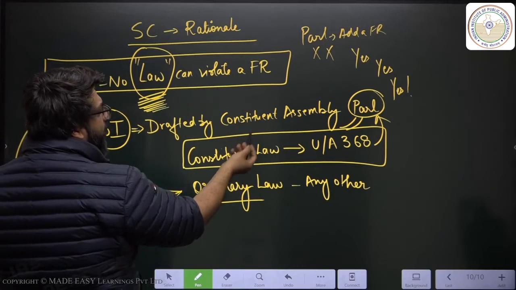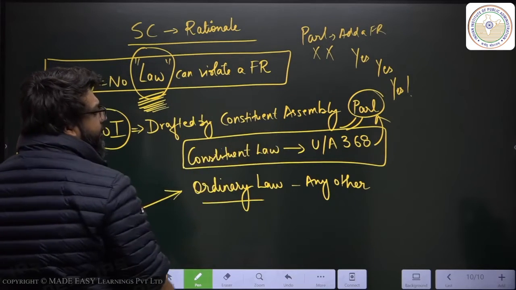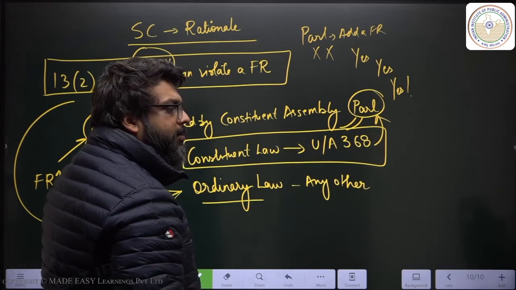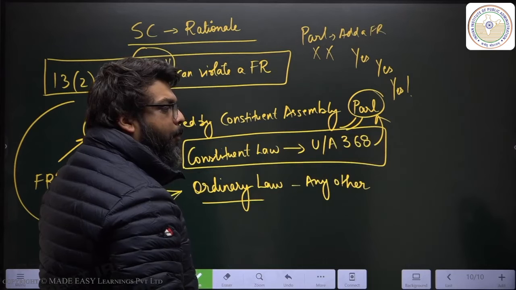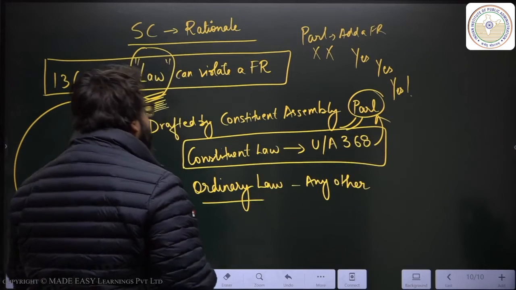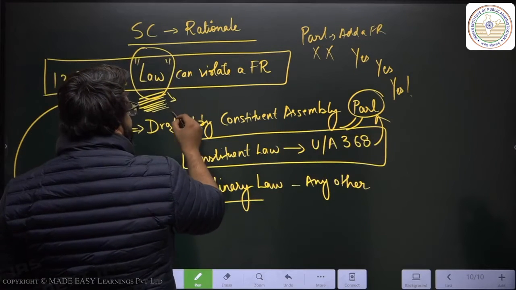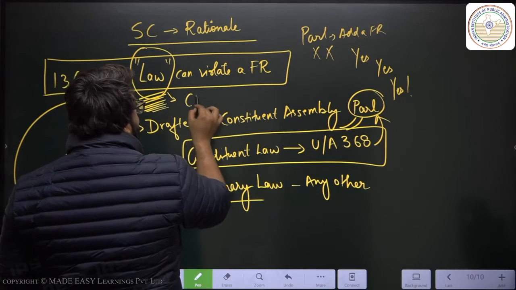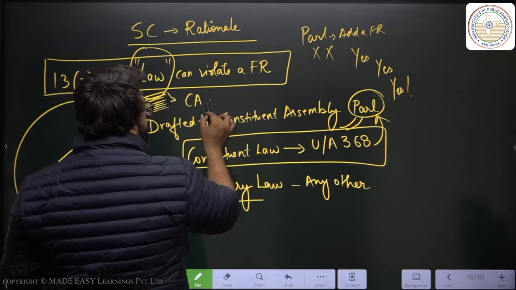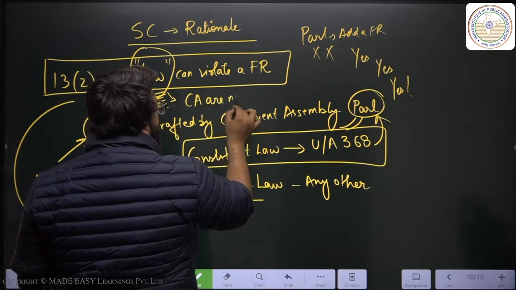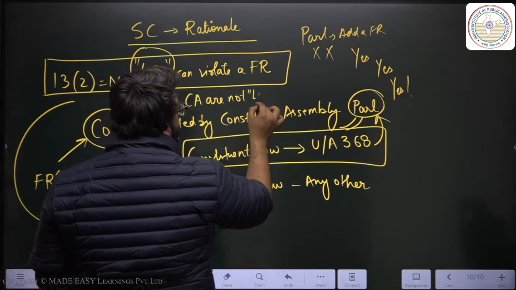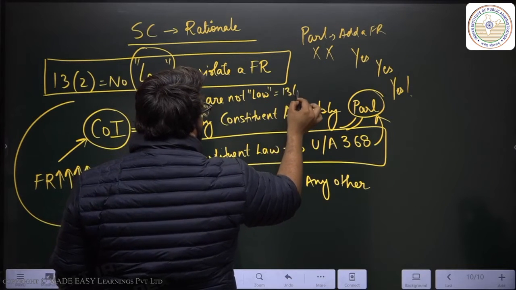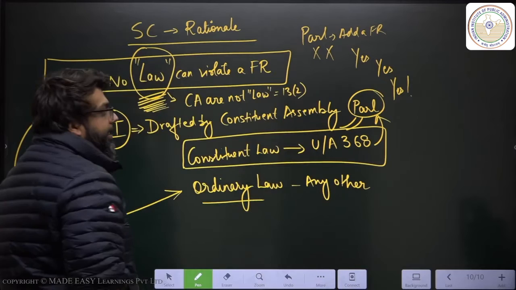Because if a constitutional amendment can't violate a fundamental right, it can't change a fundamental right. So that is why this means ordinary laws can't violate a fundamental right, and constitutional amendments are not, quote unquote, law as per the definition of law only for Article 13 Clause 2.